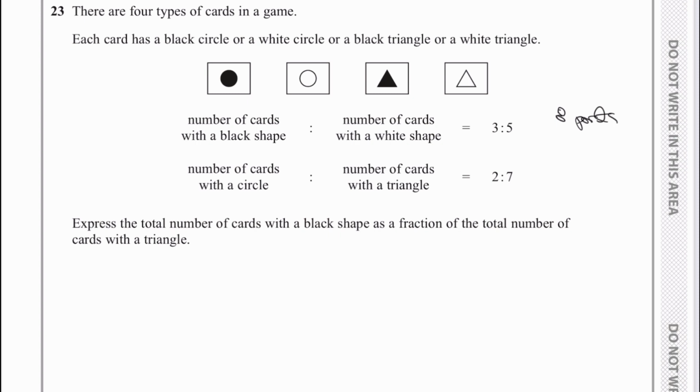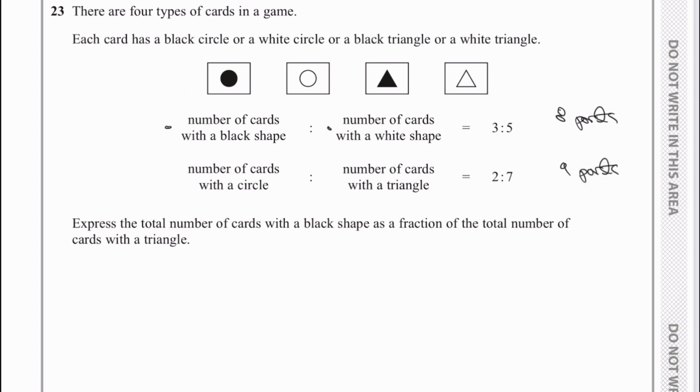Okay, and what we are saying is that 3 out of the 8 are cards with a black shape, and that's going to be 5 out of 8 cards with a white shape. Then in the second scenario we've got a number of cards with a circle, a number of cards with a triangle. Well, that's actually 9 parts.